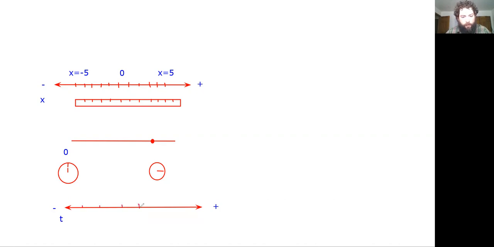Same way, and then somewhere has to equal 0. We have to have an origin. So I'll make that 0 right there, and that can act as t equals 0. Okay, so I'll save that real quick and we'll clear it out.